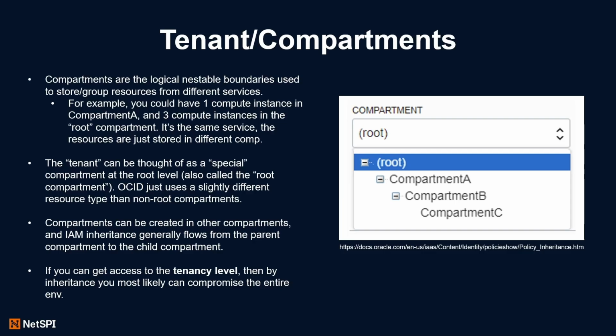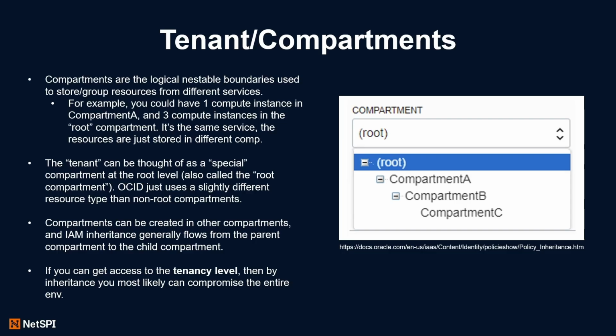So you might have one compute instance in compartment A and 3 compute instances in the root compartment. In all the compartments, you can still access all the different services like compute, object storage, or whatever service you want to use. It's just that you're dropping the resources into different compartments. It's the same service; the resources are just stored in a different compartment.